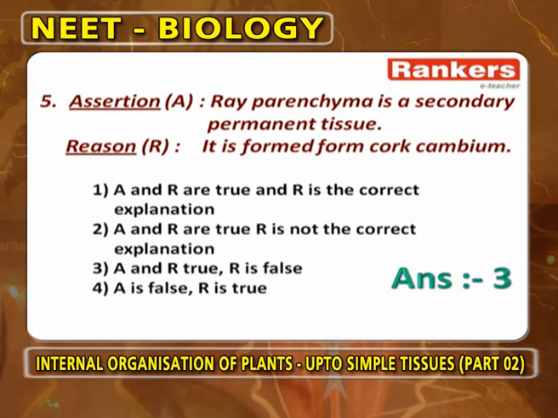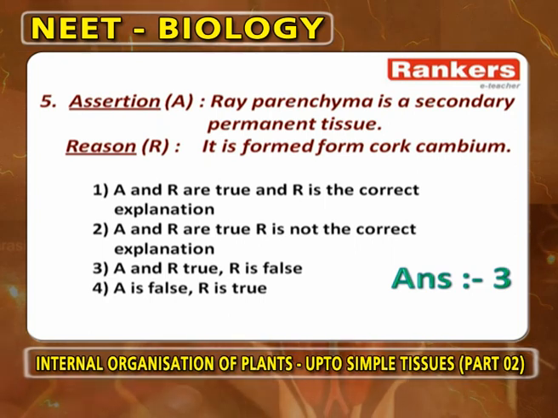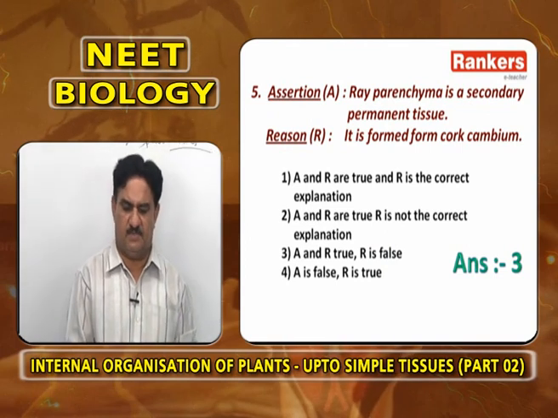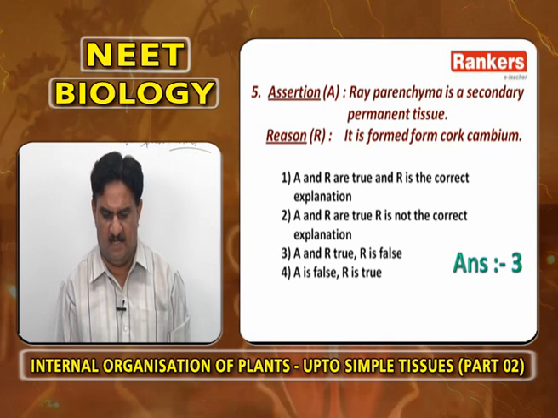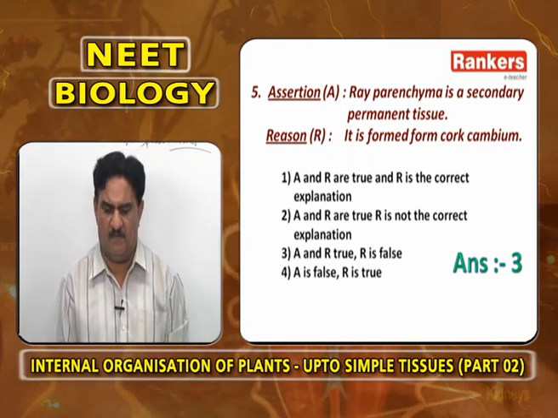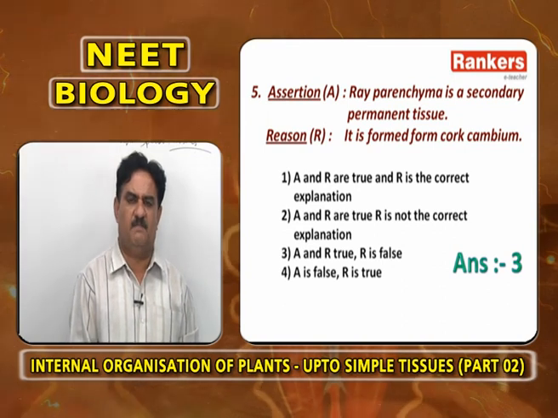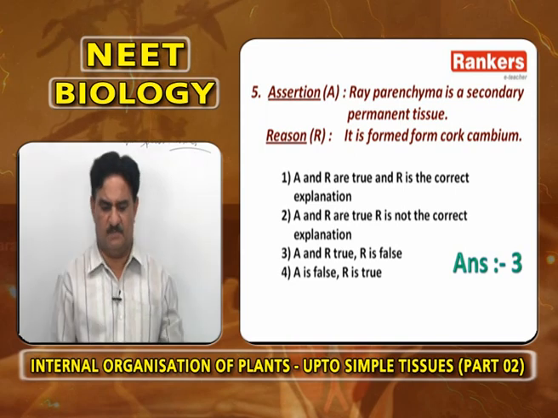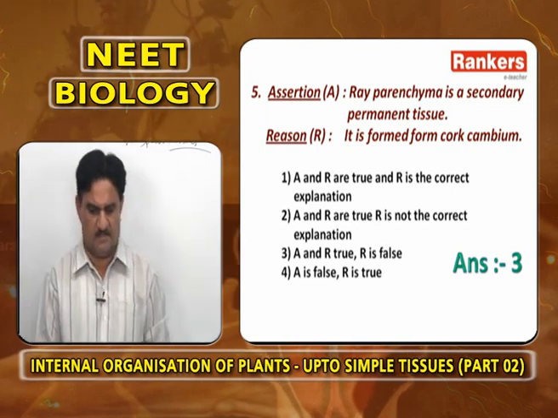Rays are formed from special cells in the vascular cambium, popularly called ray initials. Ray initials give rise to the secondary permanent tissue called ray parenchyma. So the assertion is correct, but the reason is wrong: it is formed from vascular cambium, not cork cambium. So A is correct, R is false.